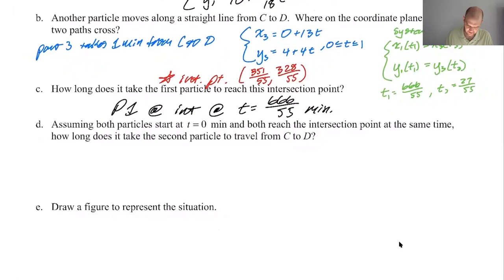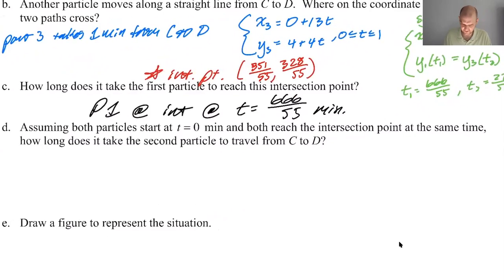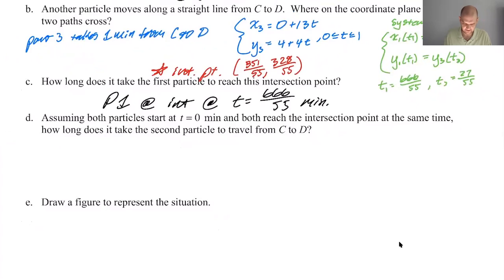Okay, so I think that what we can do is we can use the fact. So what's the next question? Assuming both particles are going to start at t equals 0, they both reach the intersection at the same time. So that means that particle 2, the real particle moving from C to D, gets to the intersection at 666 over 55. I think we can use some proportional reasoning.